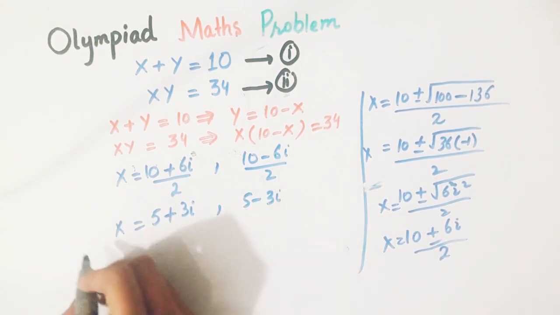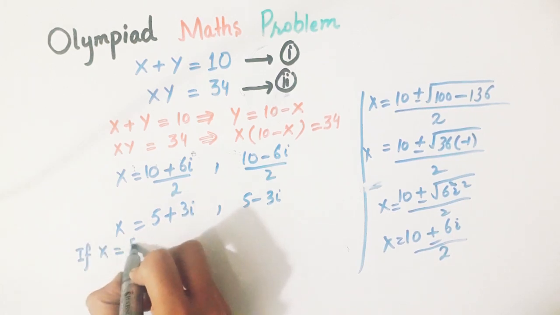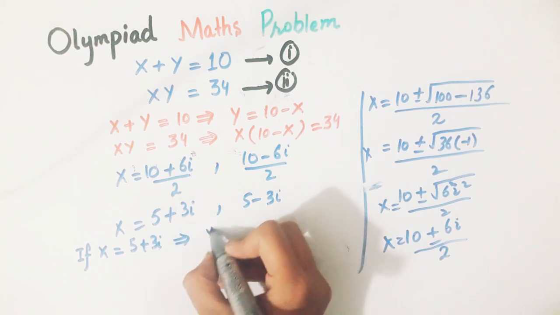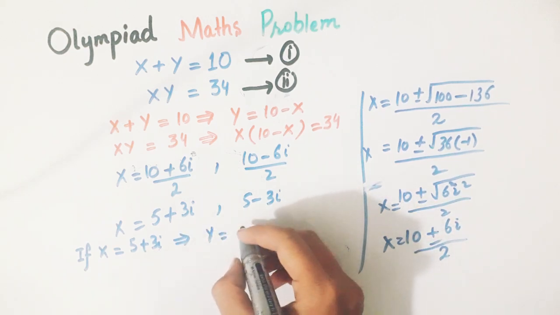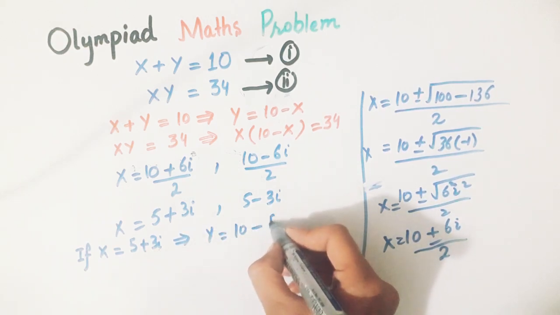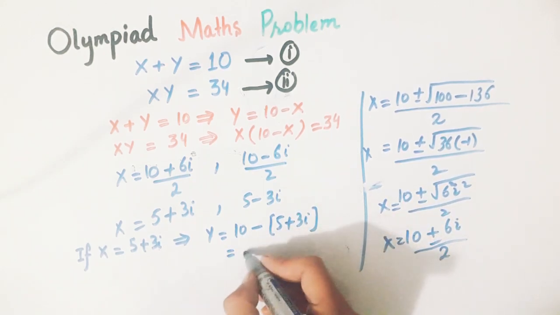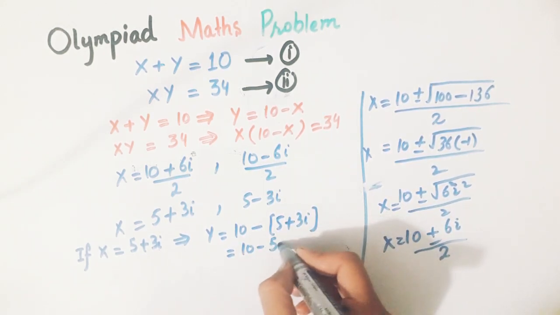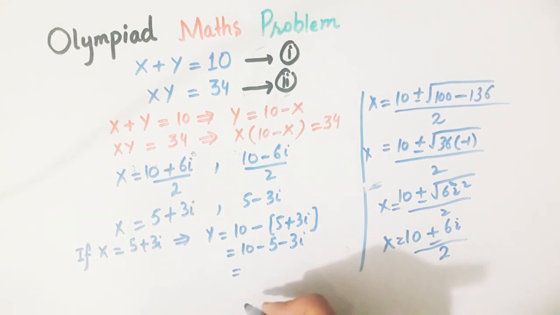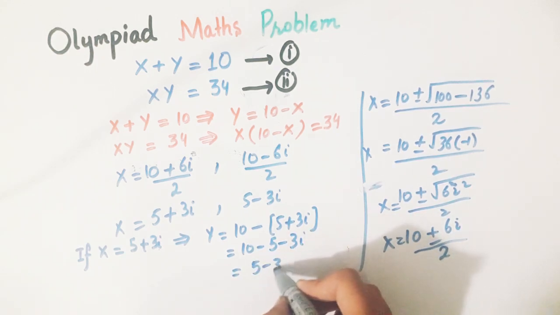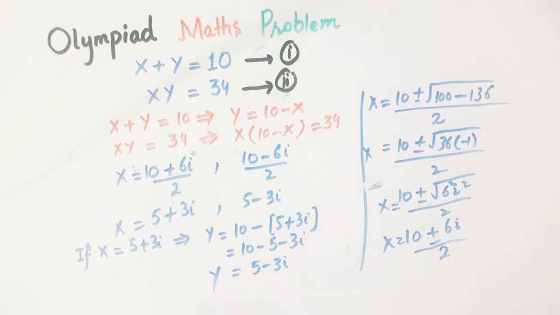These are the two values. Now if x equals 5 plus 3 iota, what will be y? y equals 10 minus x, so 10 minus 5 minus 3 iota. It means that we get 5 minus 3 iota for y.